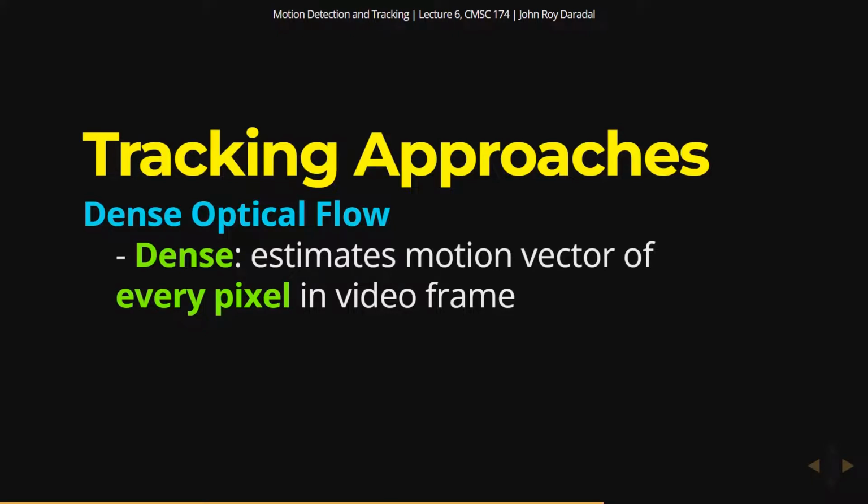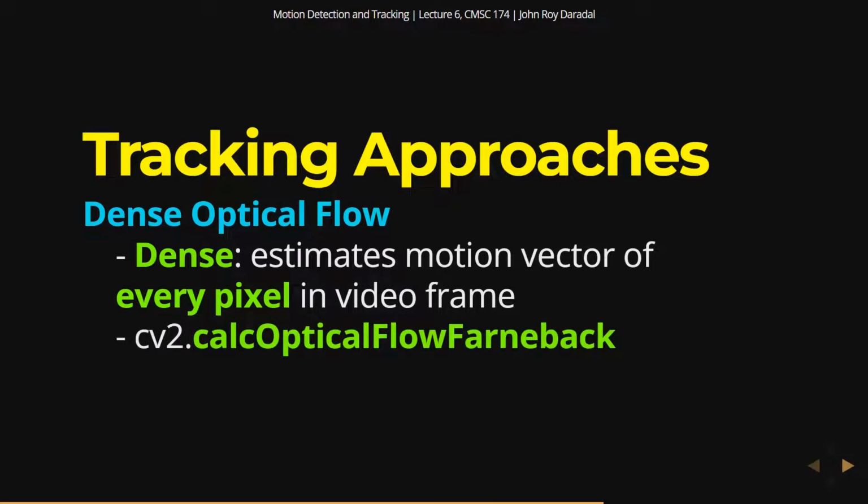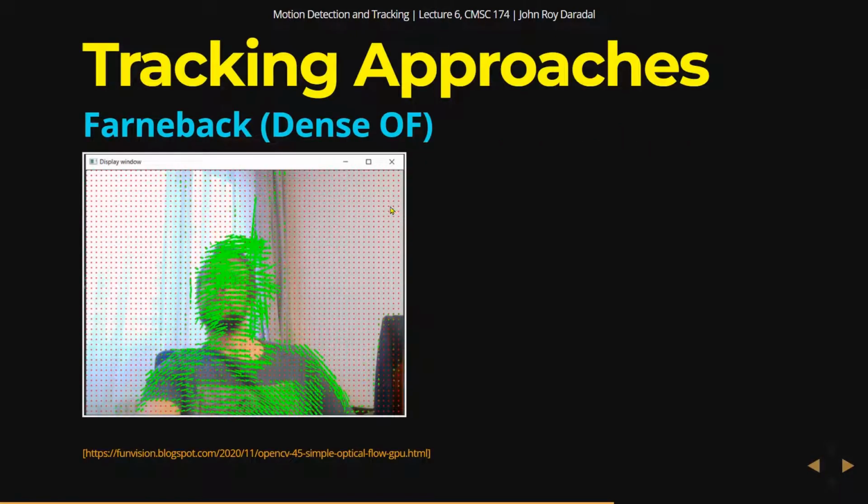That's why it's dense, because there are a lot of pixels you need to compute motion vectors for. One example in OpenCV is calcOpticalFlowFarneback. Farneback's method is dense optical flow. It would look something like this.